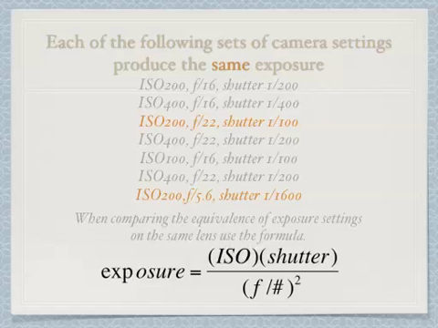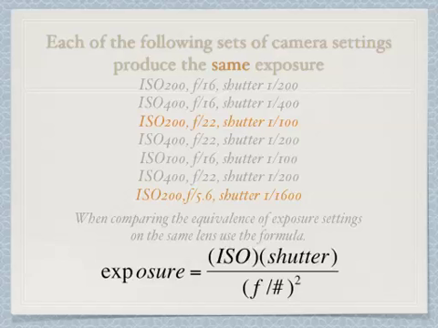Or it's the same as ISO 200, f22, and shutter of 1/100. Or down at the bottom, we have ISO 200, f5.6, and shutter of 1/1600th of a second there. So all of those groups of settings have exactly the same exposure.